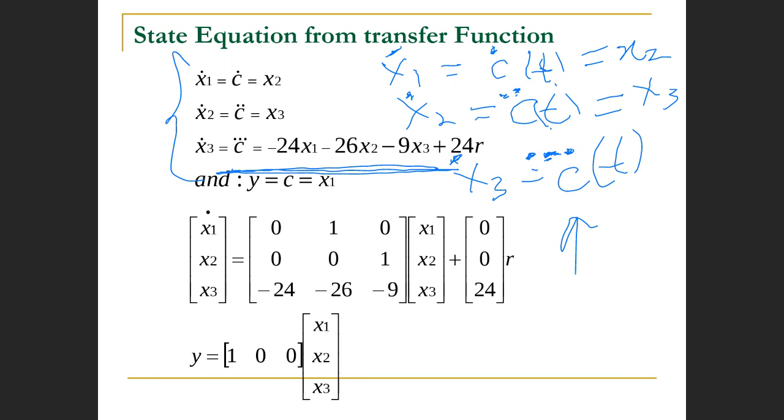So c triple dot of t is equal to minus 24x1 minus 26x2 minus 9x3 plus 24r. And so what we see here is that we have expressed x3 dot in terms of state variables and input. So we satisfy the expression.